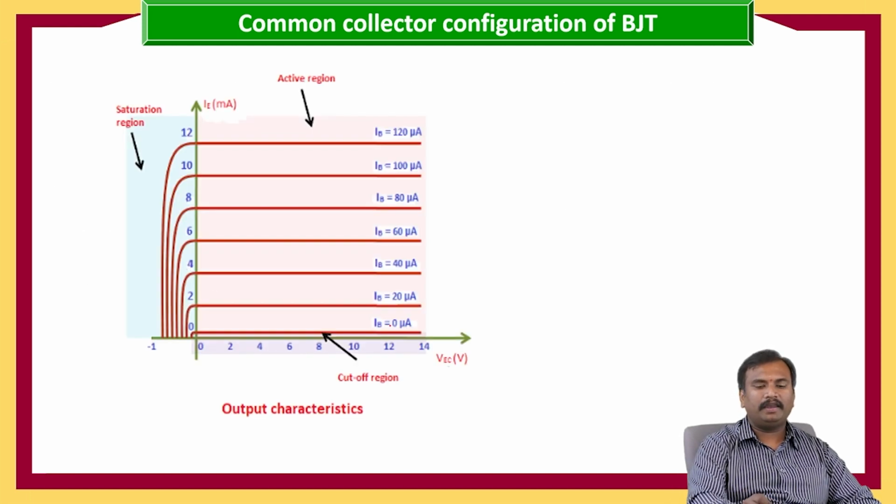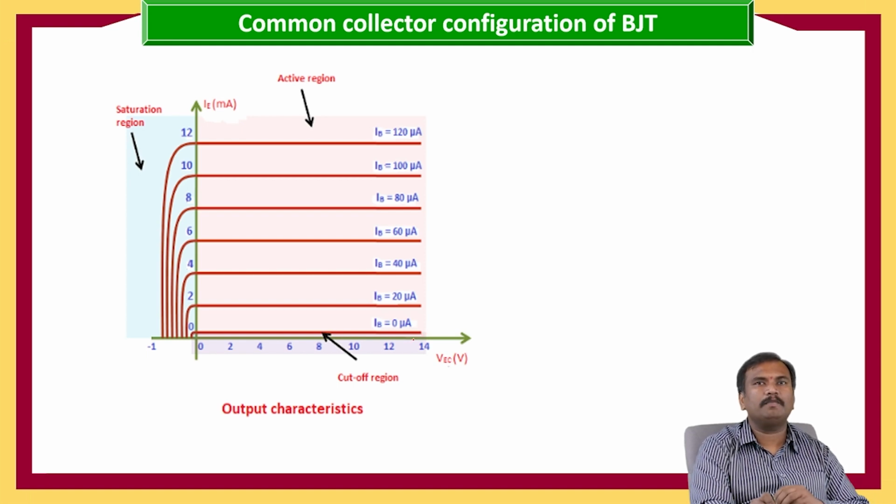Here we are taking the IB value at 0 microamperes and the IE value will be like this. It is a constant value. Whatever the change in voltage VEC you make, there is no change in the emitter current.